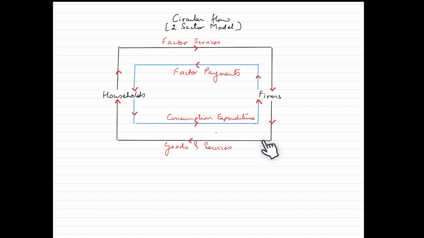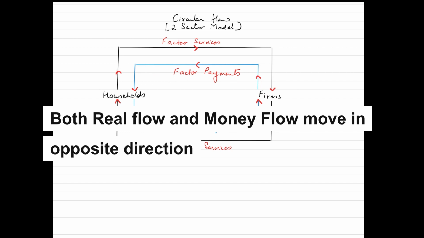The black flow here is the real flow and the blue flow is the monetary flow. If we pay very close attention to this, they both move in opposite directions. So, this is how the black flow moves and this is how the blue flow is moving. Real flow and money flow would always move in opposite directions.